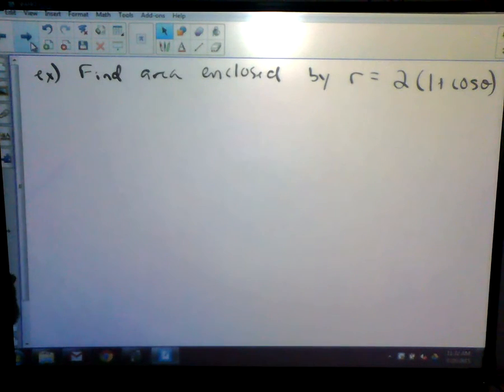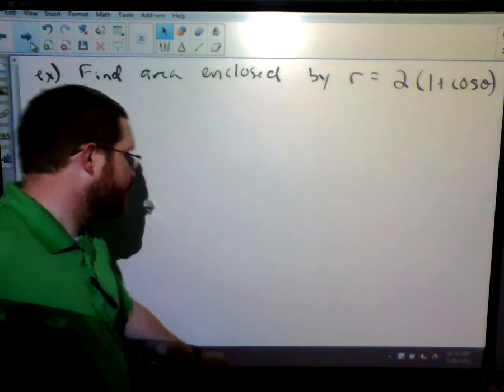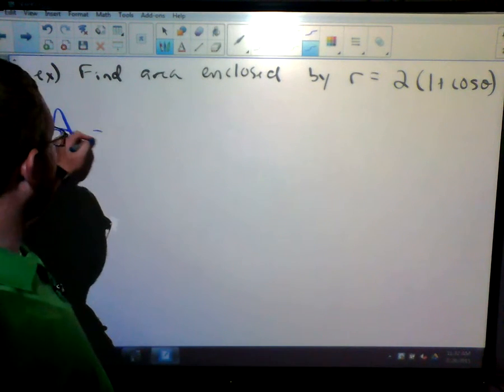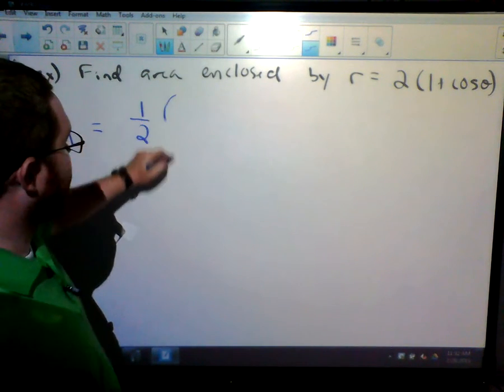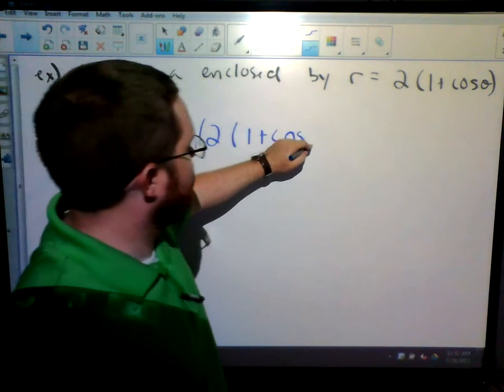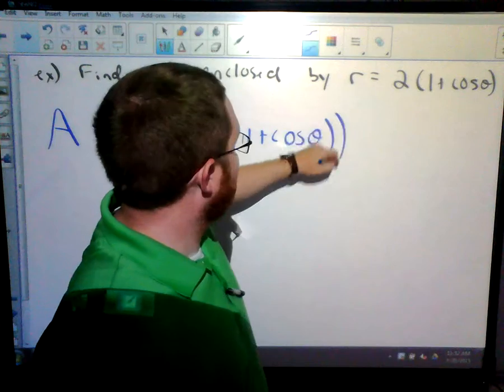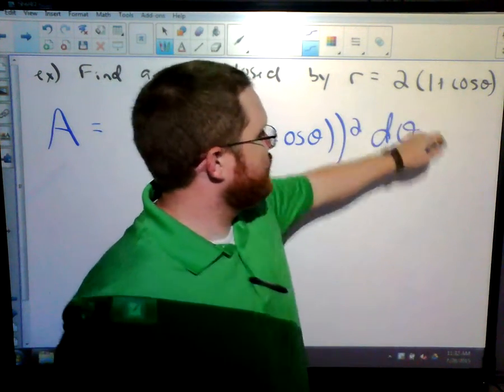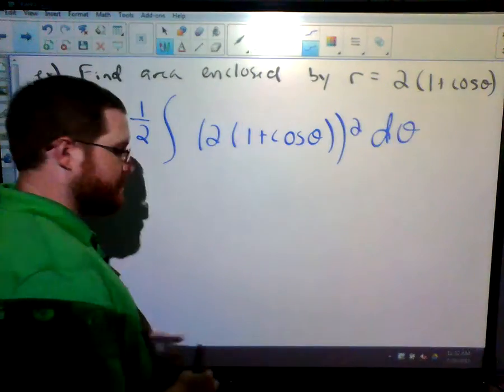Find the area enclosed by that function. Well, that's pretty easy. 1/2 the integral of r squared d theta. I'm only missing one thing, and that's my bounds.